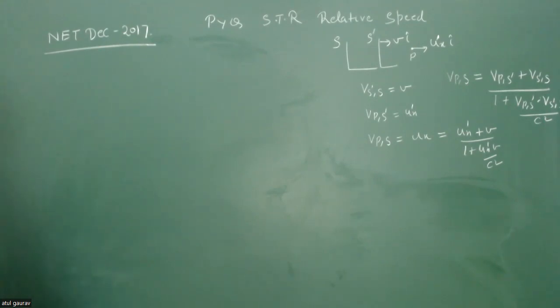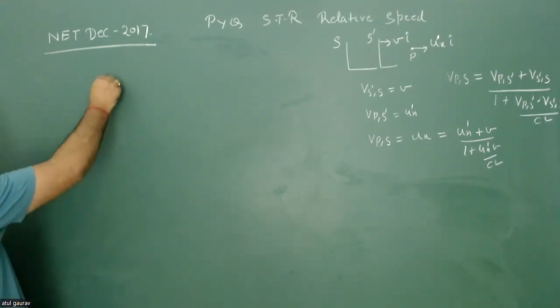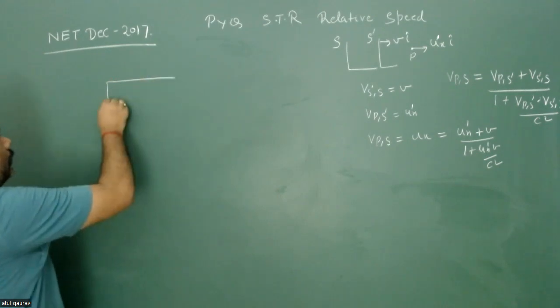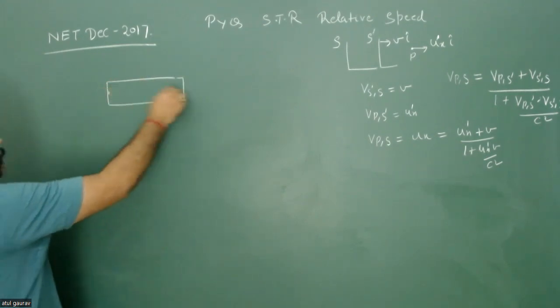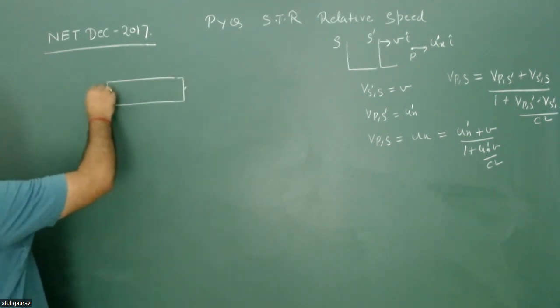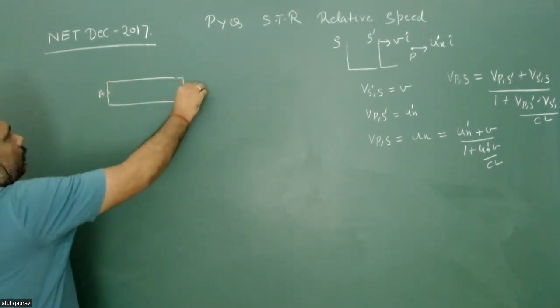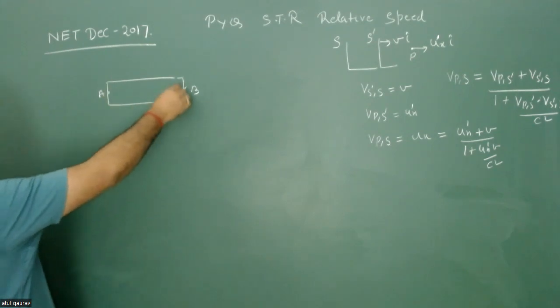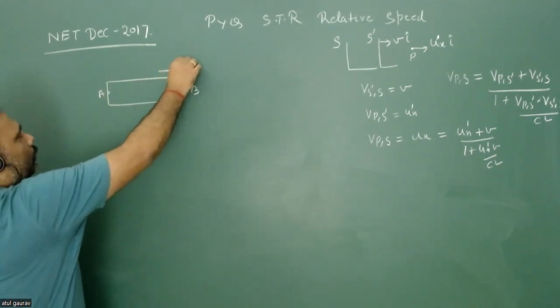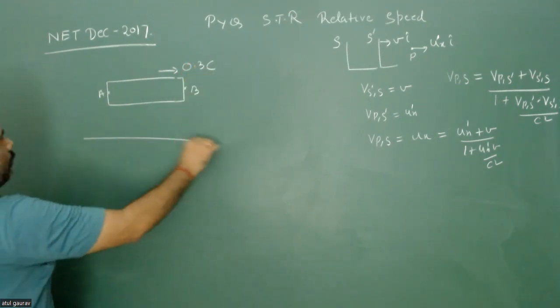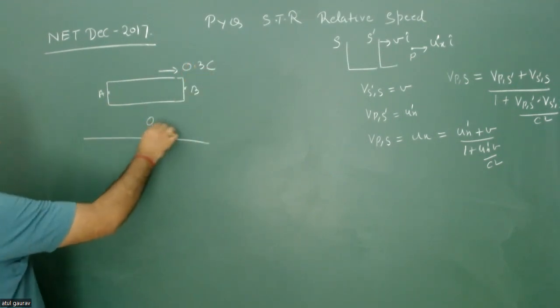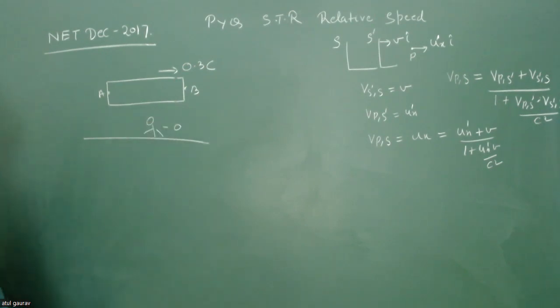There is a glass plate, and in this glass plate there are two points, let's say point A and point B. These points are moving with respect to the observer with velocity 0.3 c. Let's say this observer is O.